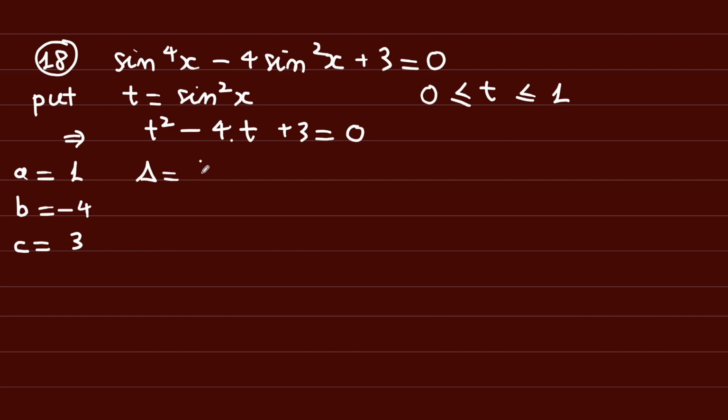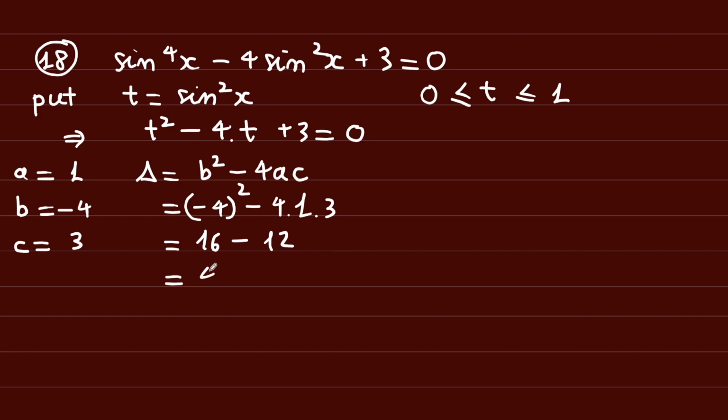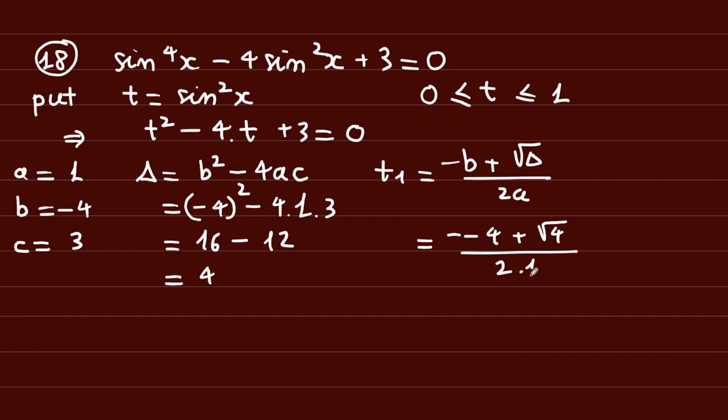The coefficients of the quadratic equation are 1, minus 4 and 3. The discriminant corresponds to the formula b squared minus 4ac: (minus 4) squared minus 4 times 1 times 3, which is 16 minus 12 equal to 4. For the solution t1, minus b plus the square root of the discriminant divided by 2a: 4 plus 2 divided by 2 equal to 3.